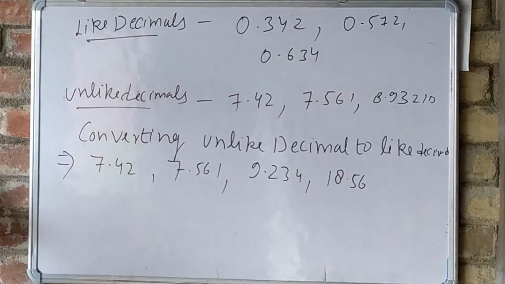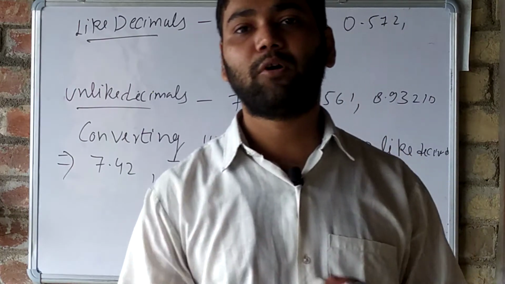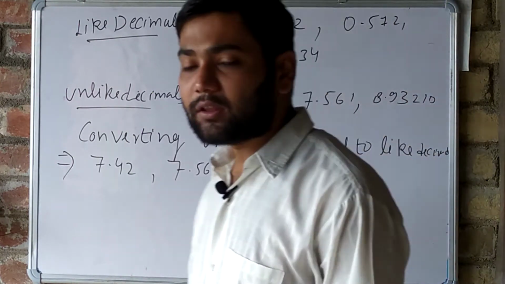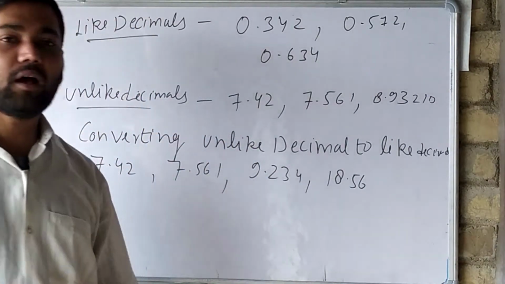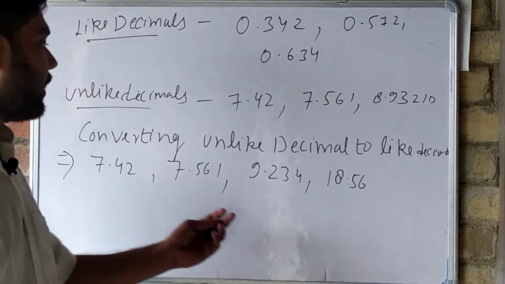Suppose we have 4 numbers, and we see that in every case the number of decimal places is not the same. That means these decimals are unlike decimals.